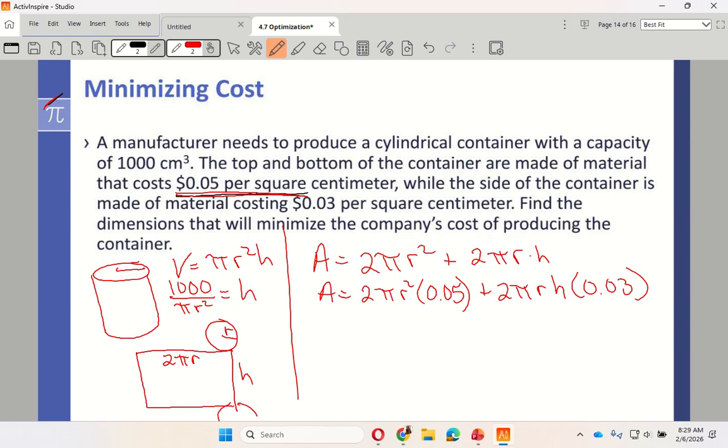And then I'm also going to clean up those 2's that I have out there and help out with the decimal thing. So area is 2 times 0.05, which is 0.1 pi r squared, plus, as I put that in, 0.06 pi r, but my h is 1,000 over pi r squared.